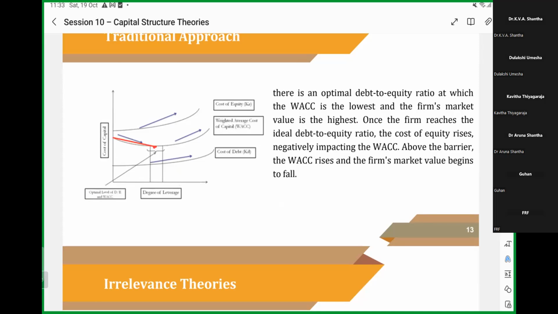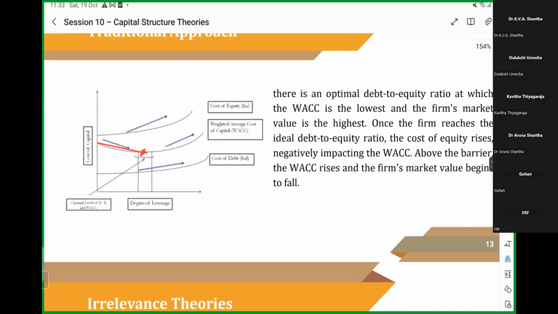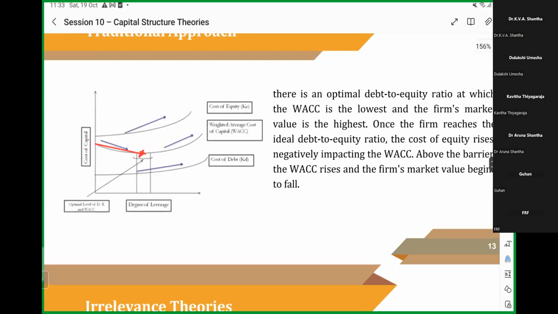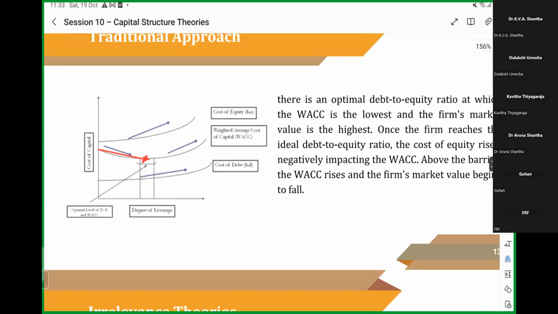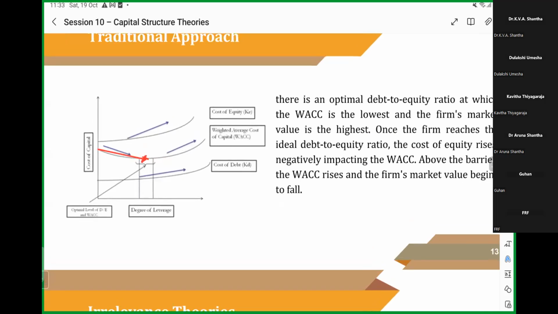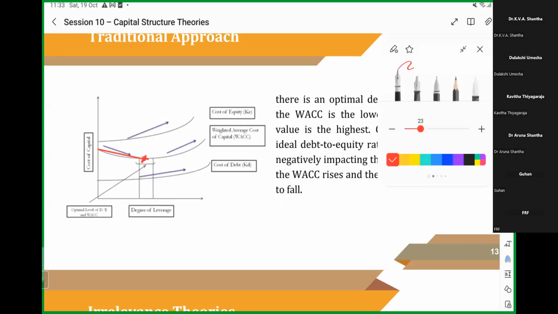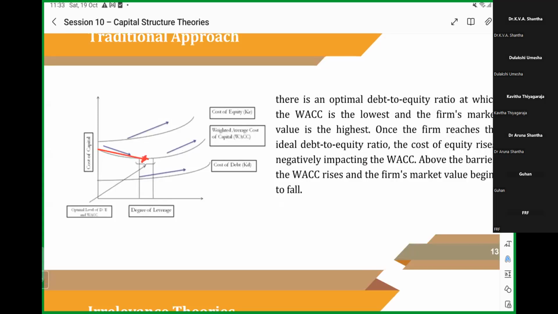But when the leverage further increases, weighted average cost of capital would further increase. So there's an optimum leverage level.